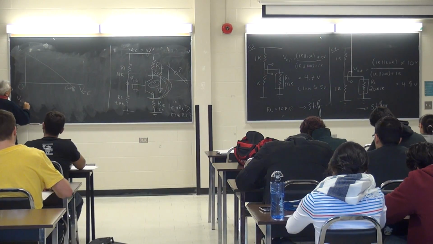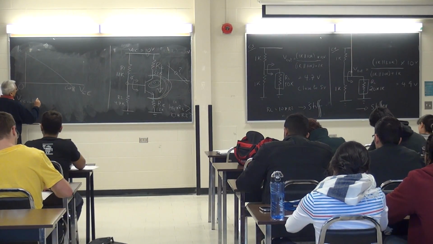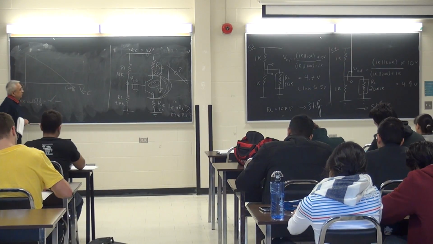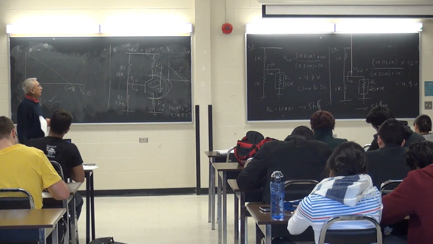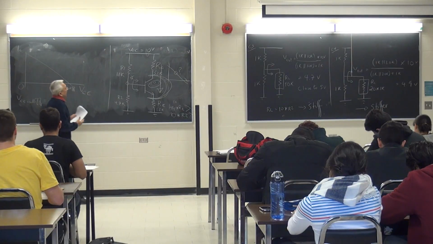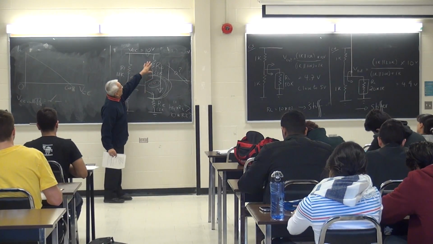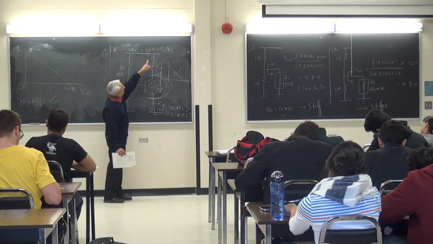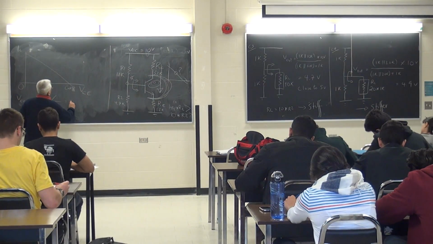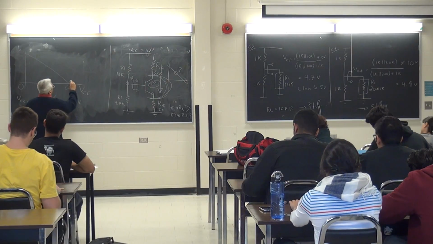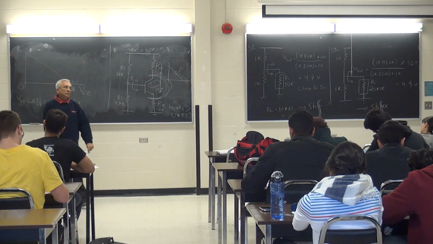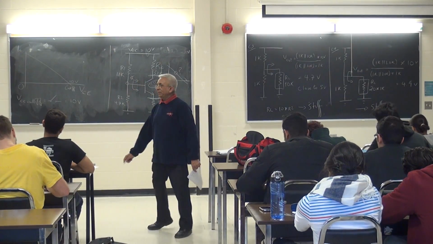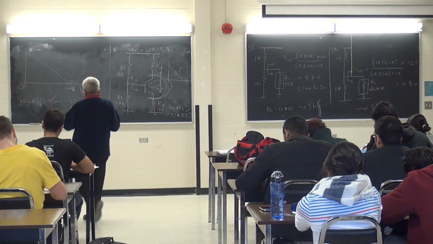So if the transistor is open, what is the voltage from the collector to the emitter? VCE cutoff is 10 volts. So let's show 10 volts here. Cutoff is where it is open.